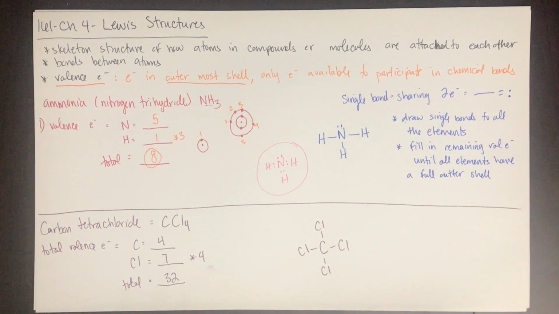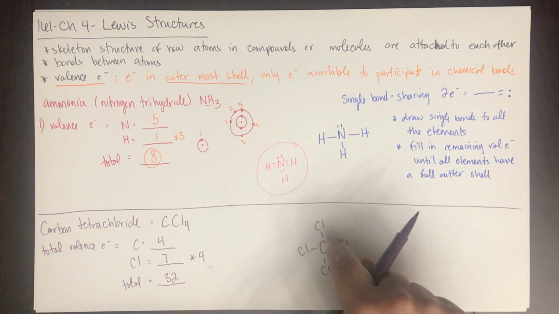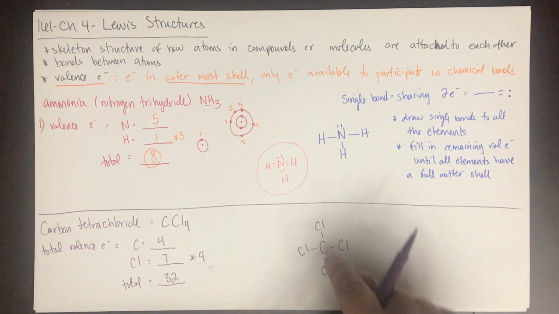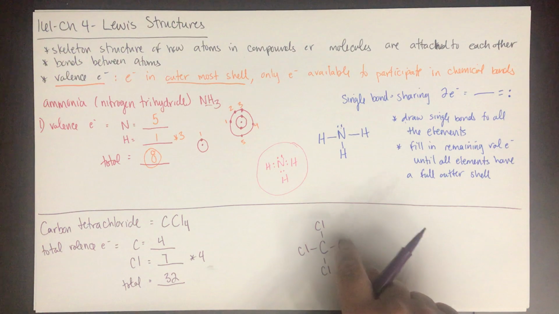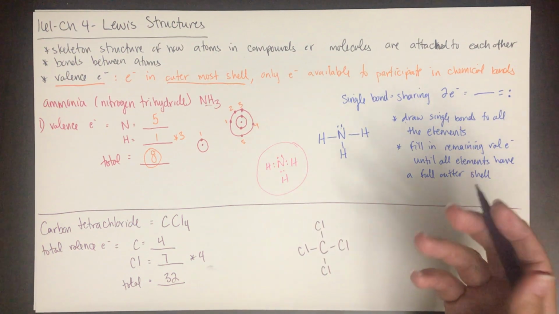So now I have 24 left because I've used up 8. Carbon is full because remember each of these bonds is sharing 2 electrons. So there's 8 electrons around this carbon. So carbon is happy. I don't need to add any more electrons to carbon. Each of these chlorines only has 2 electrons, so each of these chlorines is going to want 6 more electrons.